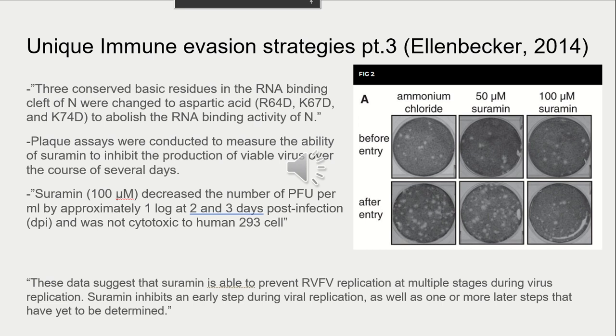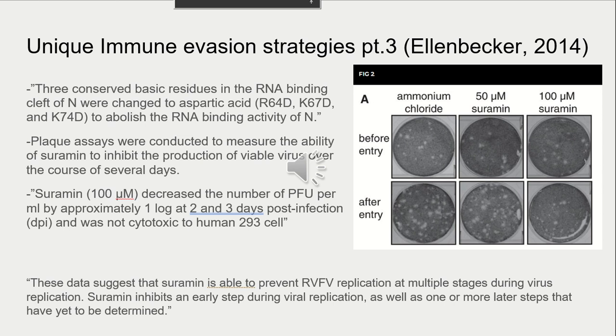So continuing our unique immune evasion strategies from Ellenbecker in her 2014 study, the three conserved basic residues in the RNA binding cleft of N were changed to aspartic acid to abolish the RNA binding activity of N. This was the main goal in this study.